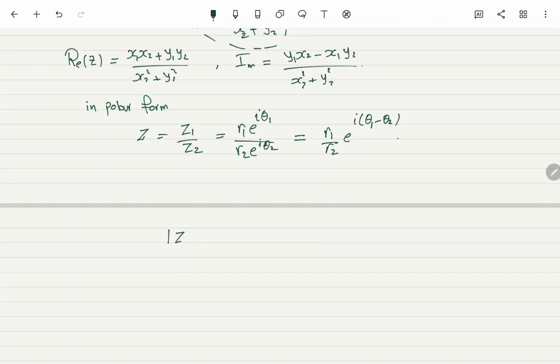The magnitude of z equals the magnitude of z1 divided by the magnitude of z2, and the argument of z equals the argument of z1 minus the argument of z2.